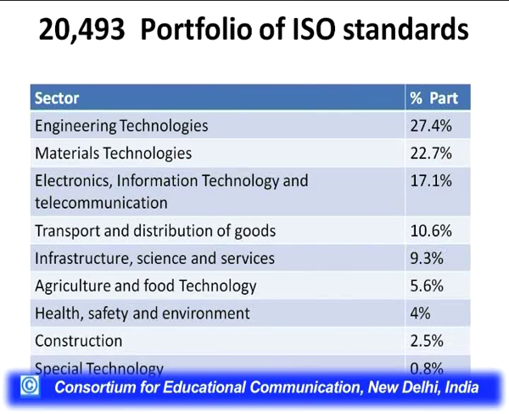The next one is the construction sector, where 2.5% of the total publications have been done, and recently developed special technology like nano, etc., has just a share of 0.8%. So, it was the distribution of the standards which have been developed according to the different sectors.